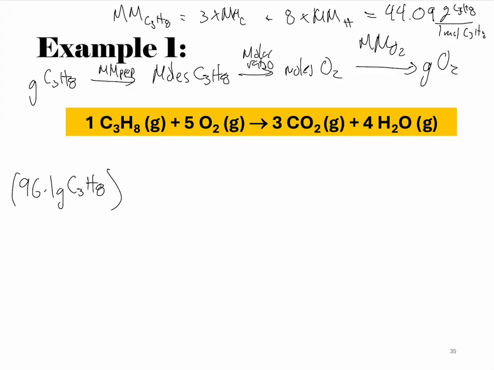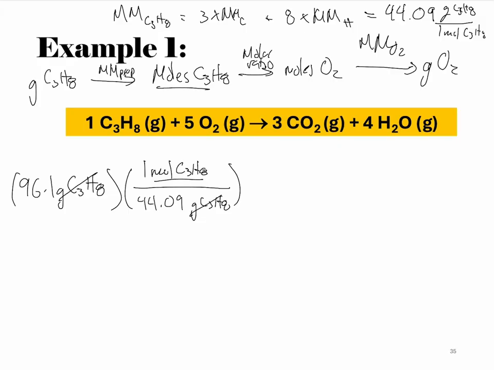Yep, we're going to divide by this number, because if we put 44.09 grams C3H8 in the denominator, then we're left with moles in the numerator. And our units of grams cancel out, which is what we want after the first step, because we want to end with units of moles.